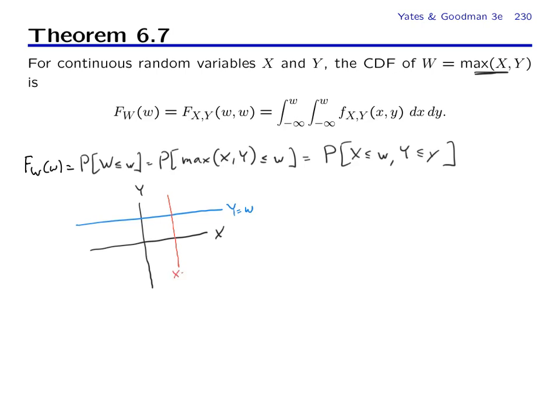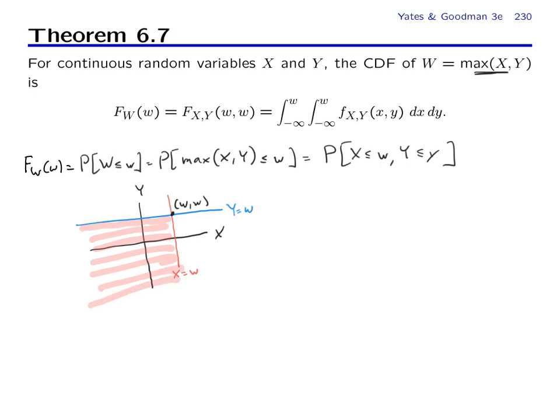And this red line is just x equals w. So this corner point is indeed w comma w. And our theorem says we need to integrate over this whole region.